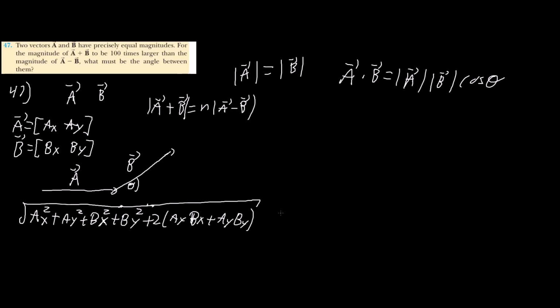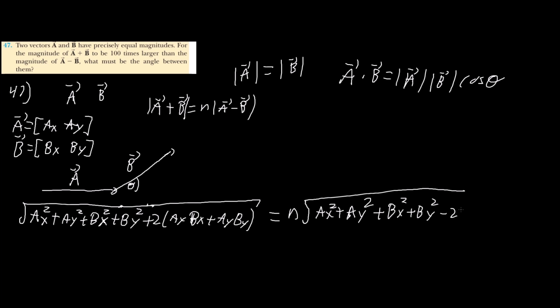I'm going to pull that to the side. I don't have much room here, but that's all right. And I'm going to take the magnitude of A minus B, again as the square root to get started. So this is going to be the same thing: AX squared plus AY squared, BX squared plus BY squared, and instead of the plus, it's going to have the minus.